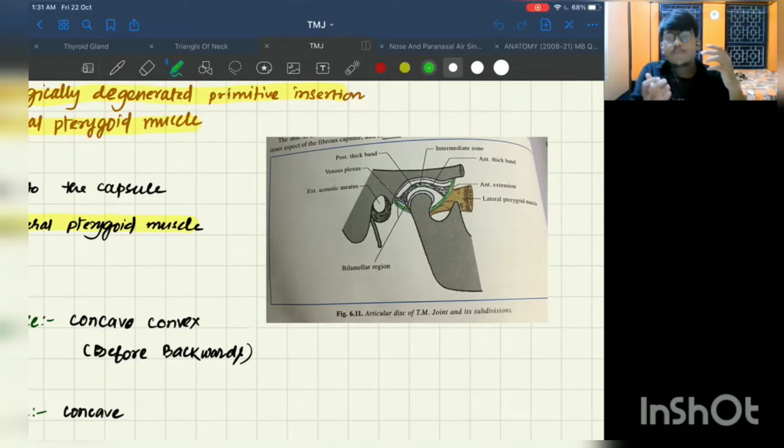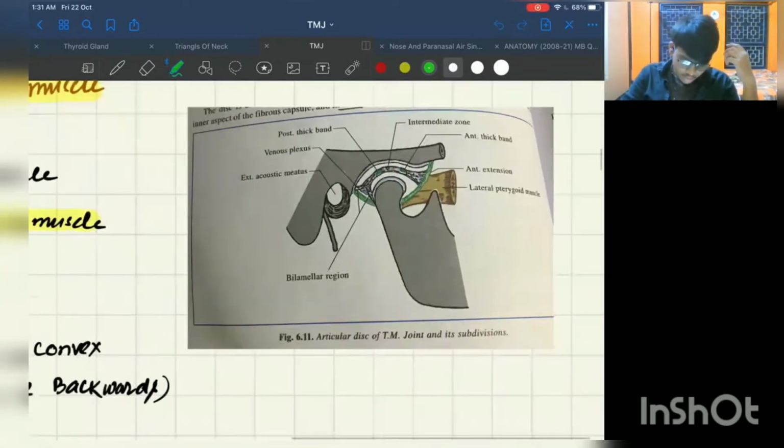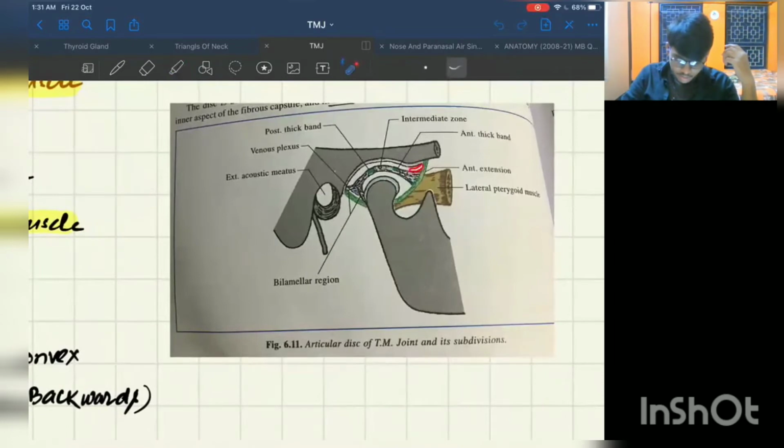So reciprocally, this disc is concave forwards and convex backwards in its superior surface. Here you can clearly appreciate in its superior surface this is concave and here it is convex. But if you see its inferior surface, this is concave.